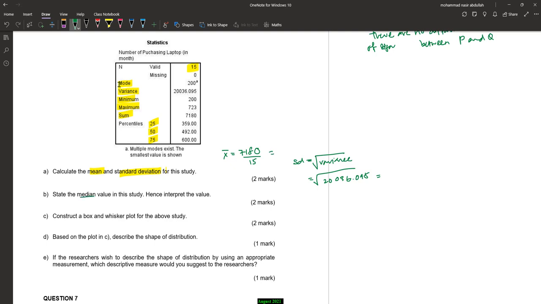State the median value and interpret the value. The median value should be Q2, which is equal to 492.